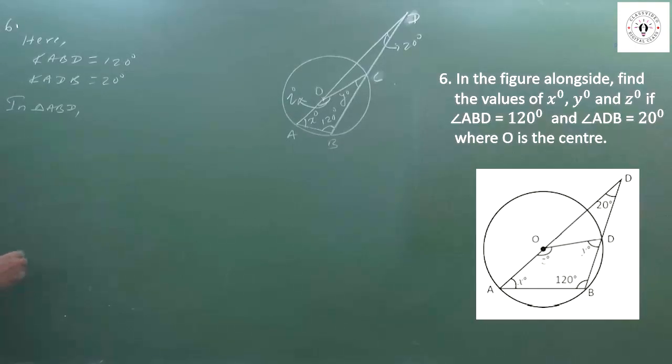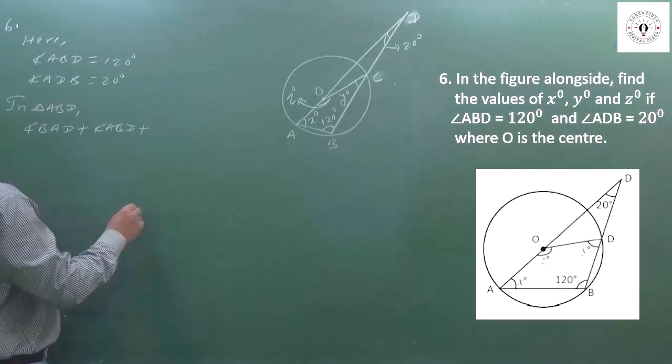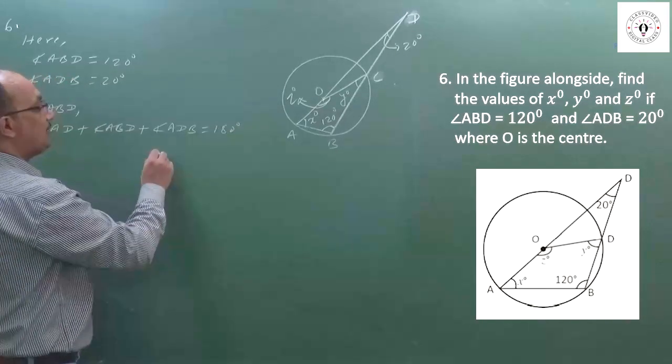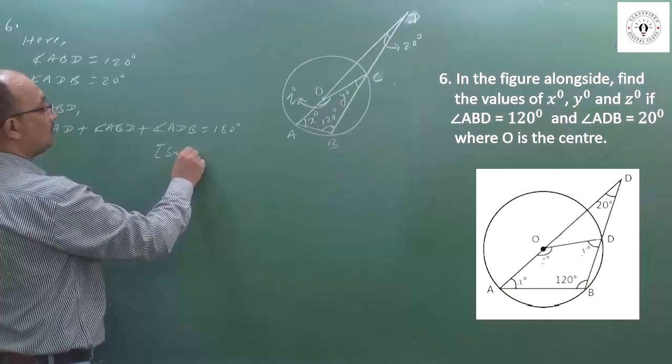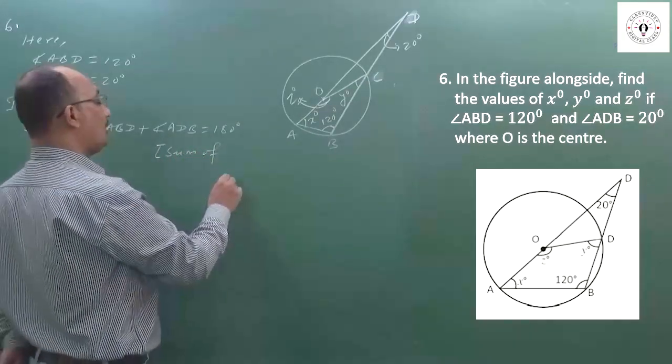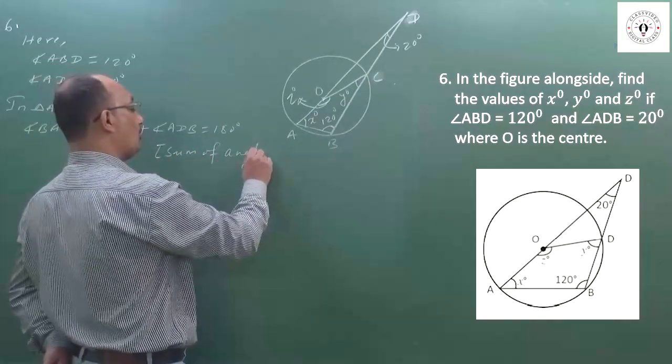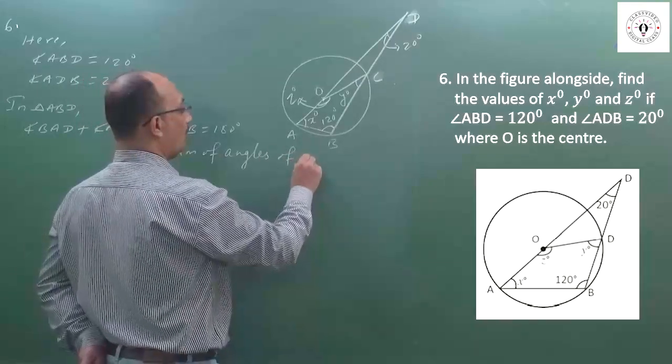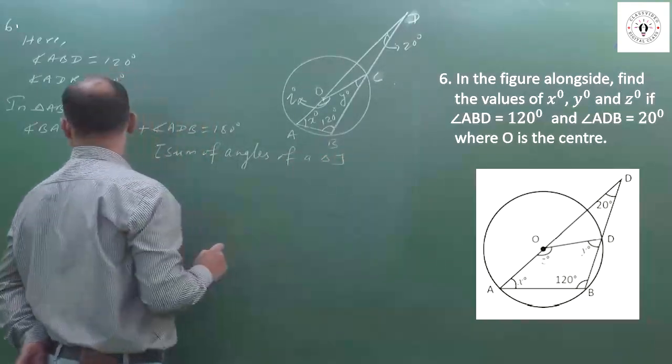angle BAD plus angle ABD plus angle ADB equals 180 degrees. It is the sum of angles of a triangle.